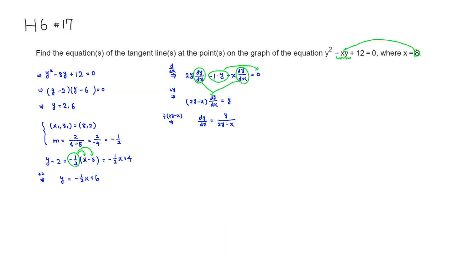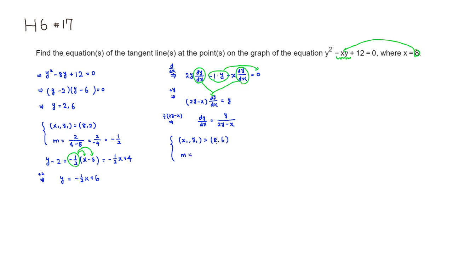So let's look at the tangent line at 8, 6. The only difference we have to make is that the point is different. So x1, y1 is 8, 6. Then we just have to use the same derivative.